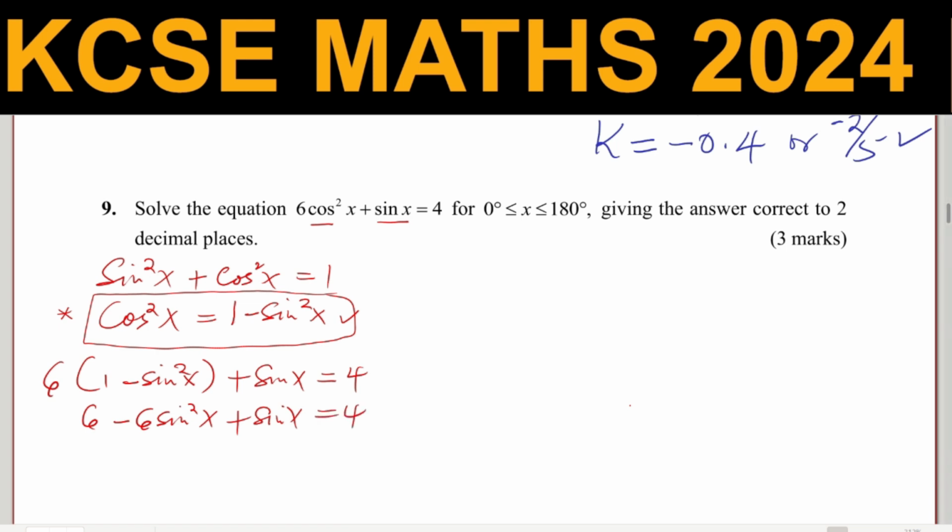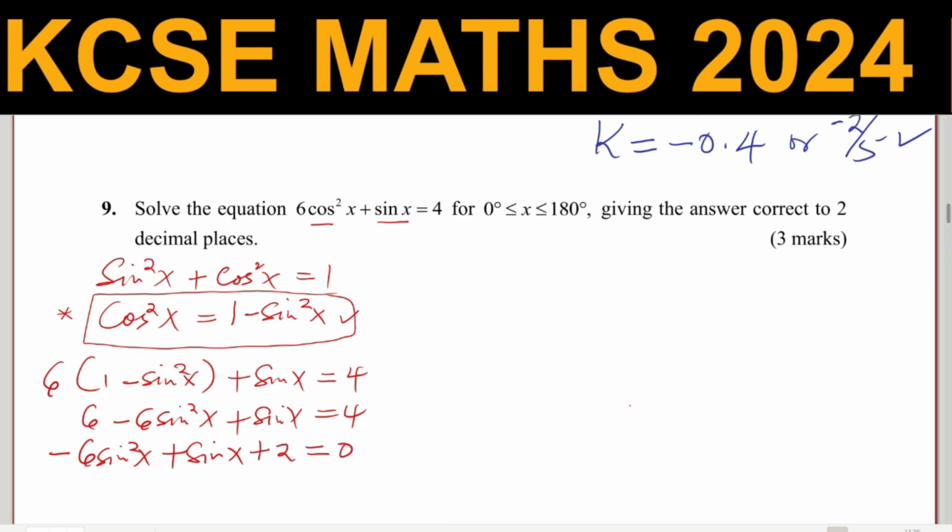We can reorganize this a little bit, and you notice that this forms a quadratic equation in form of sine. So if I reorganize it, I will have negative 6 sine squared x plus sine x, and then I bring 4 to the left hand side, I'll have 6 subtract 4, I'll get positive 2, is equal to 0.